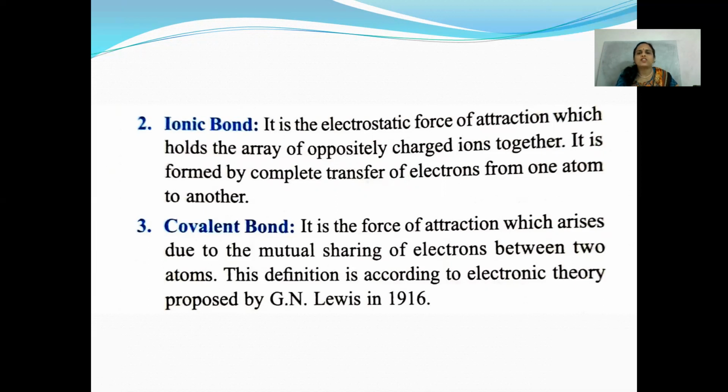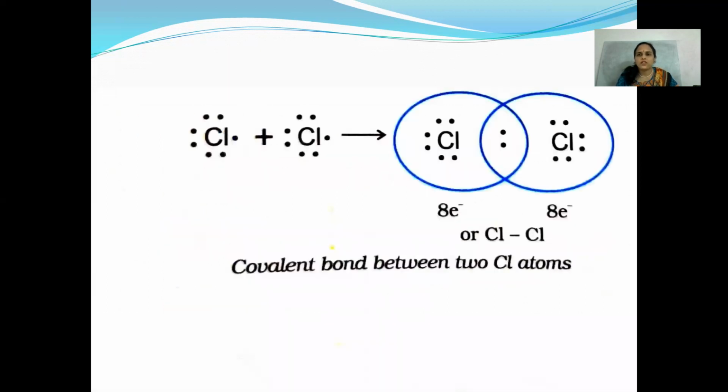Covalent bond. It is formed by mutual sharing of electrons, and it is also the force of attraction between two atoms. You can see the covalent bond between two chlorine atoms resulting in the formation of a chlorine molecule.